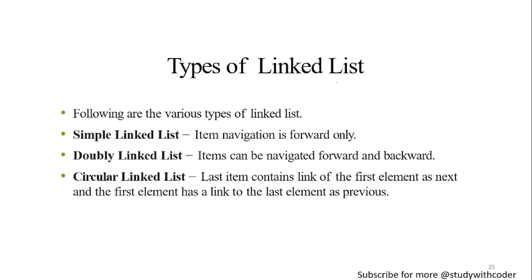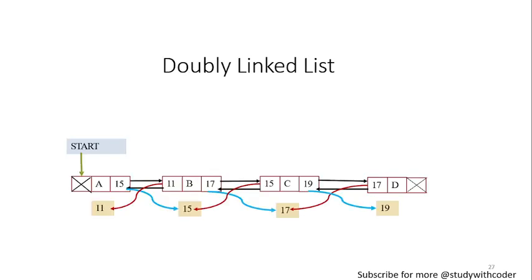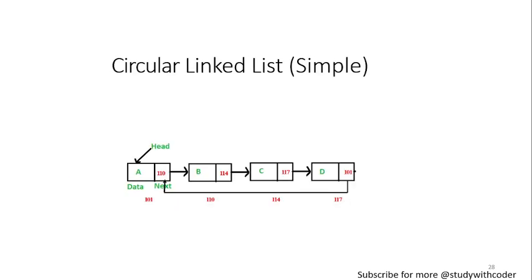In a circular linked list, the last item contains a link to the first element as next, and the first element has a link to the last element as previous. Here is the representation of a singly linked list, doubly linked list, and circular linked list.